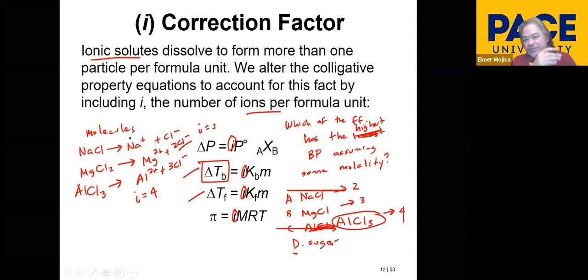So whatever calculations you did, if the one that is given is an ionic compound, then you have to multiply it by the number of ions it releases. It's just like if you have 1 mole of NaCl, it will release what? 1 mole of Na+ and 1 mole of Cl-.